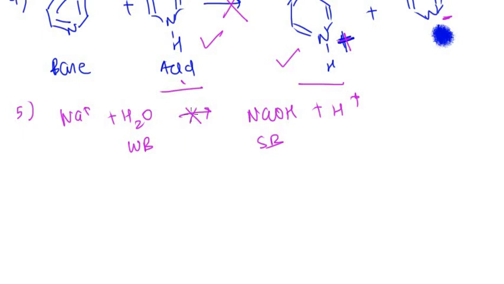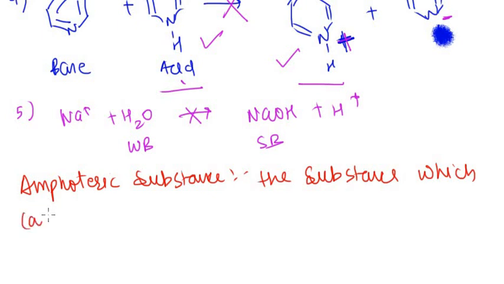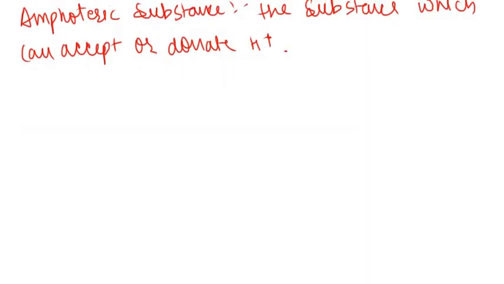One more type of substance we are studying under this categorization is known as amphoteric substance. What are the amphoteric substances? The substances which can accept or donate H plus are known as amphoteric substances.